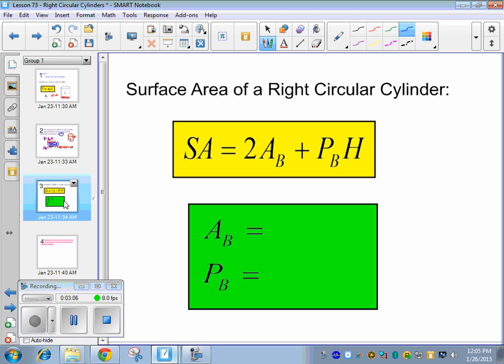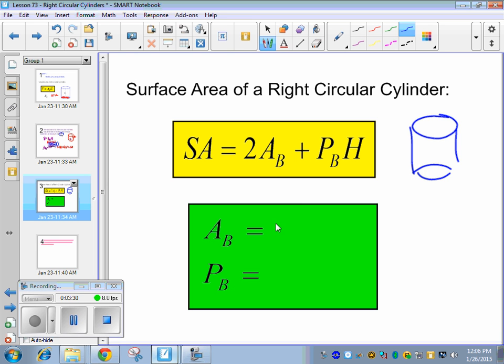Alright, now we have to do surface area, so go ahead and write down the formula for surface area that hopefully you've got memorized. Twice the area of the base plus perimeter of the base times the height. So twice the area of the base means we're adding up the 2 circles. Okay, so we're doing surface area, we're talking about the top circle plus the bottom circle, so that's twice the area of the base.